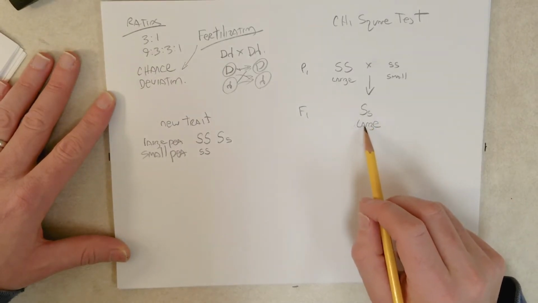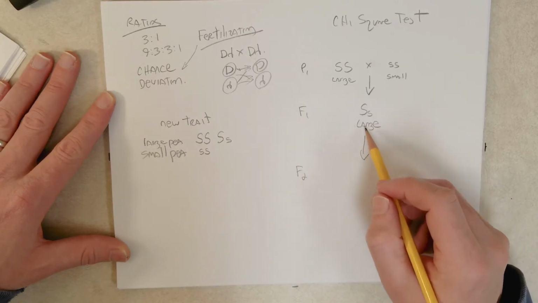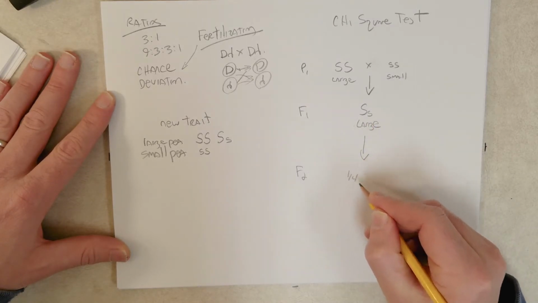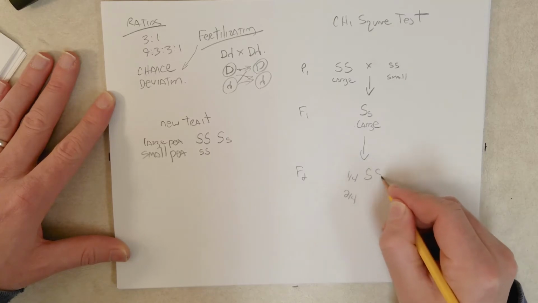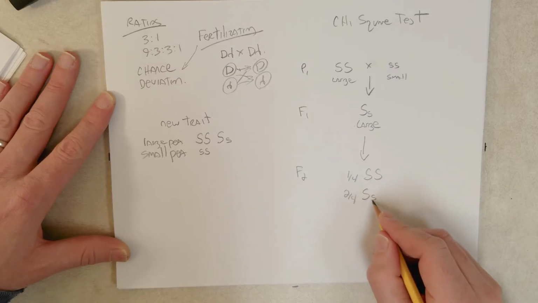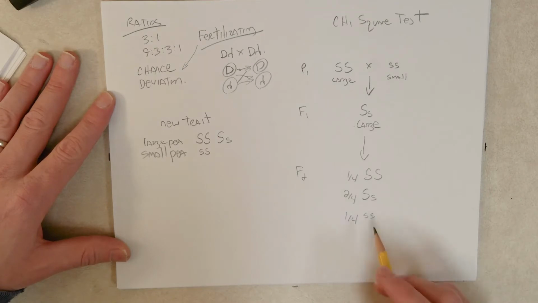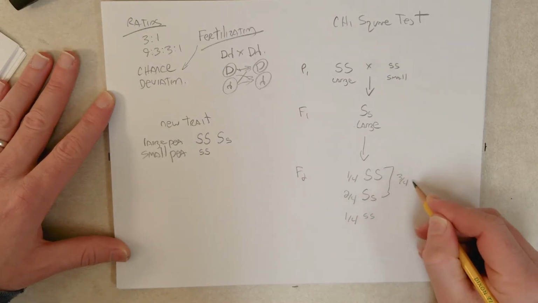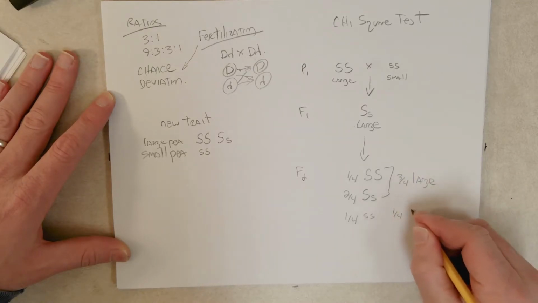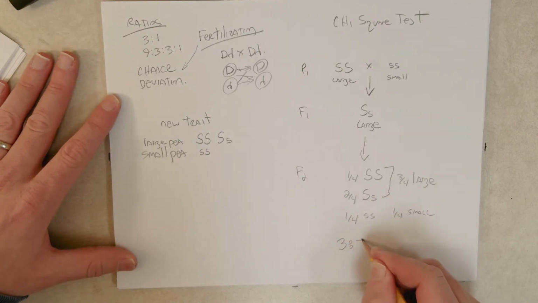We grow these up, and they self-cross, or cross to another individual from the F1 generation. We would expect 1/4 to be homozygous dominant, 2/4 to be heterozygous, and 1/4 homozygous recessive. So 3/4 large and 1/4 small. So the ratio is 3:1.